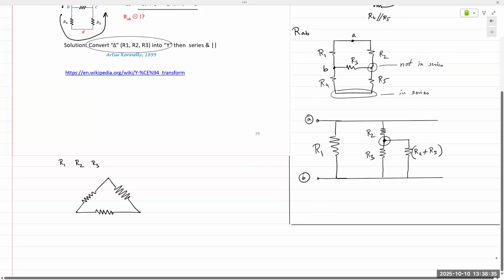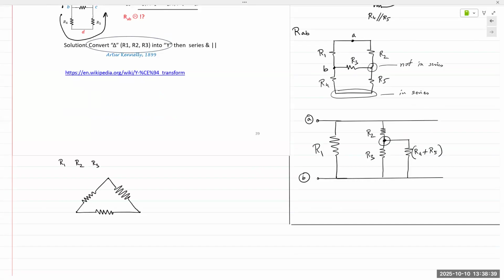So there is another type of conversion we can perform, and that conversion is known as delta to Y. Delta because it looks like a delta, and Y because it looks like a Y.